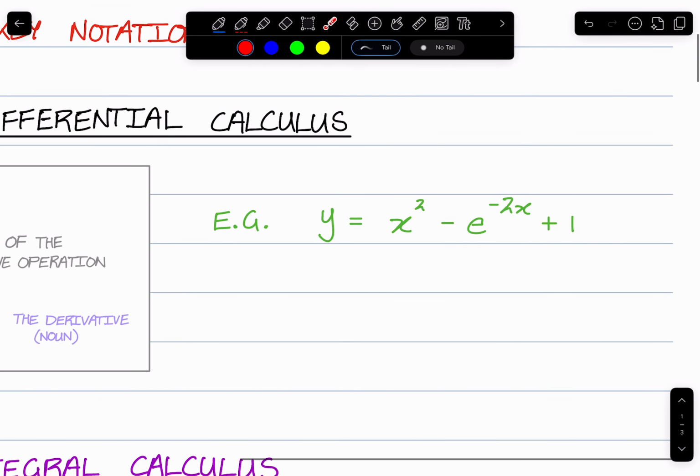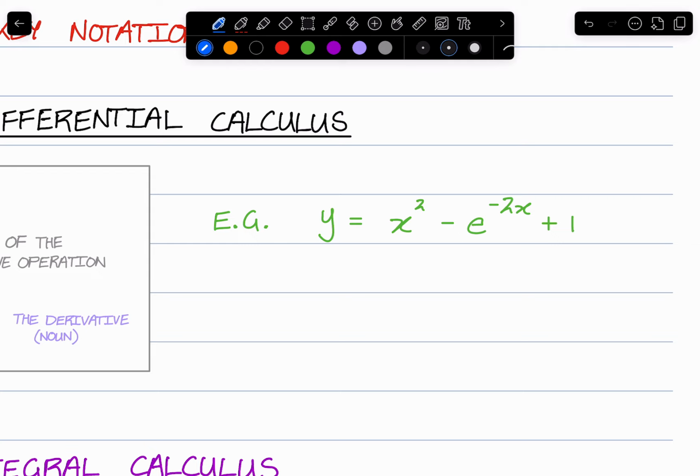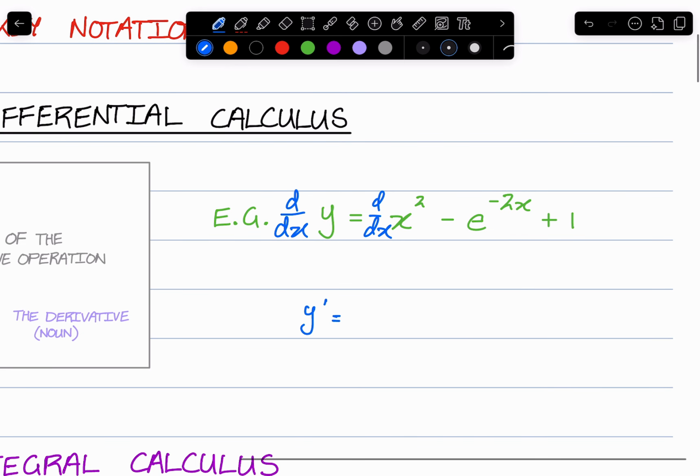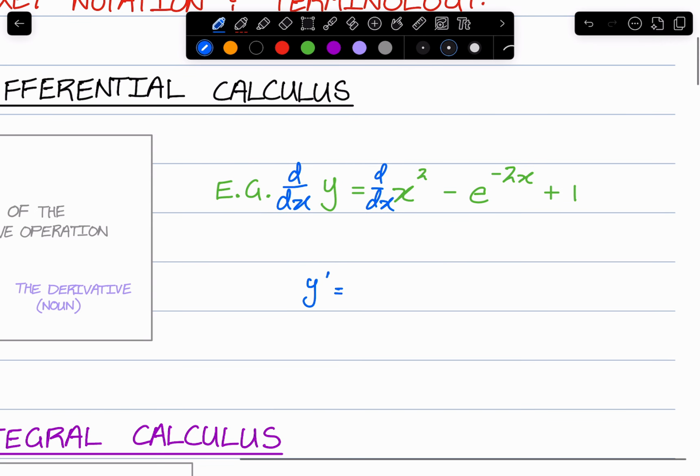So if we were to apply the notation here, we would do d on dx on both sides like this, which would give us dy on dx, or we simplify that as simply y prime, and then we apply this derivative operation to this function.